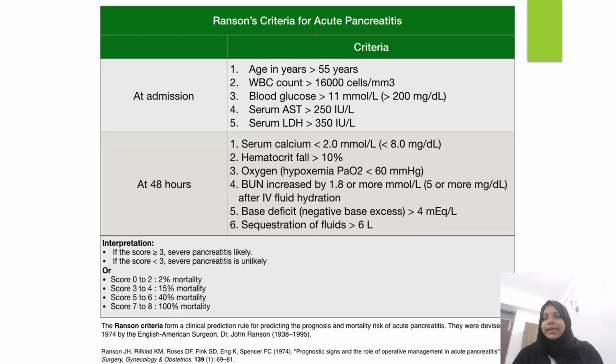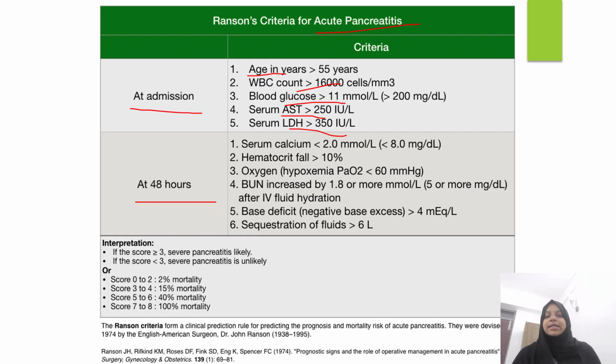How about pancreatitis? Pancreatitis is mainly epigastric pain which is radiating to the back, and we have a criteria for the severity of acute pancreatitis. We calculate it at admission and at 48 hours after admission. At admission, the main criteria we look into are the age, the WBC count more than 16,000, blood glucose more than 11, AST more than 250, LDH more than 350.